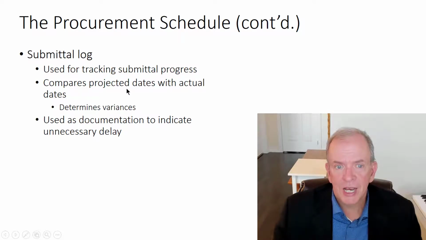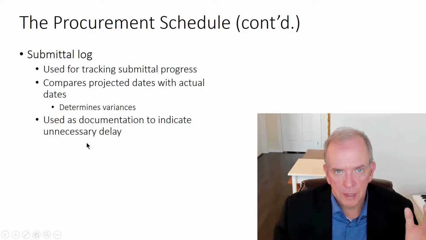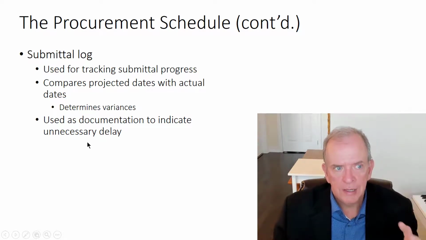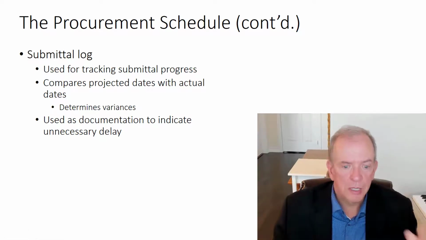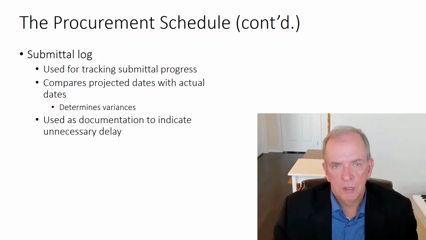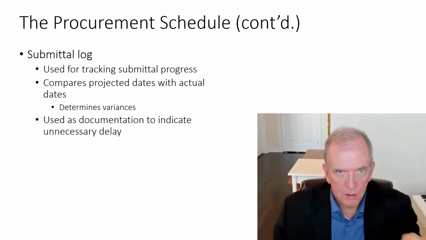It compares the projected dates with the actual dates and determines variances. So it's used as documentation to indicate unnecessary delays, because a long delay in the process that you didn't cause, that the consultant caused, and now the project's delayed and the client's upset with you. As these things are occurring, if it's really the consultant, you want to be able to say, well, look, this is on the critical path.